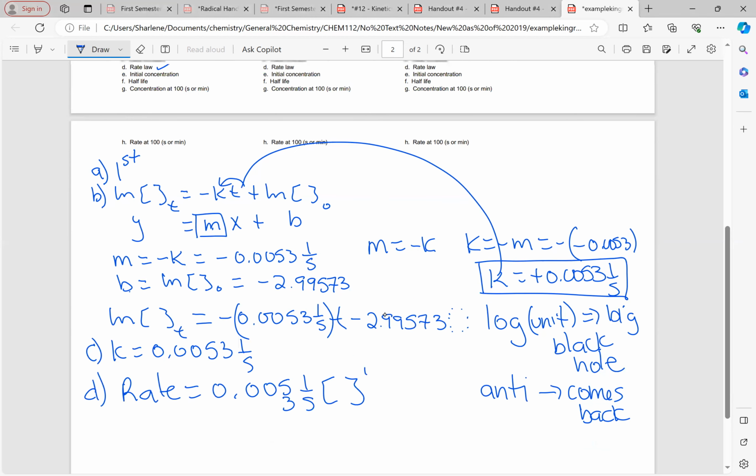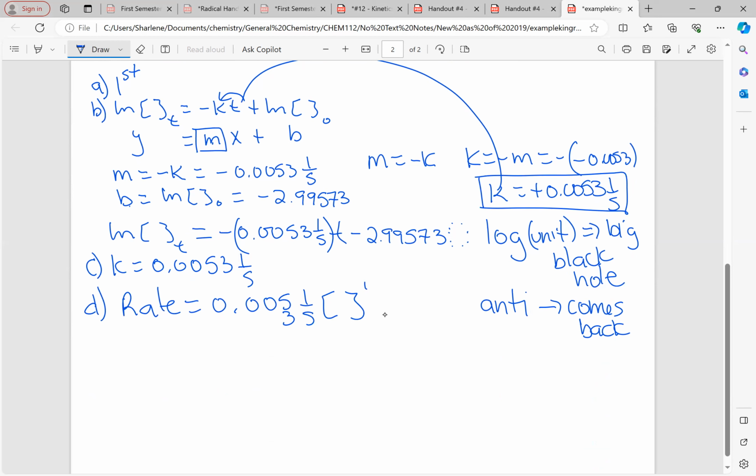And what's next? The initial concentration. Okay, we want the initial concentration. Well, we know B is equal to the natural log of the initial concentration. And we also know B is a negative 2.99573. So therefore, the natural log of the concentration is a negative 2.99573.